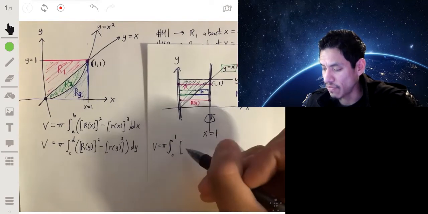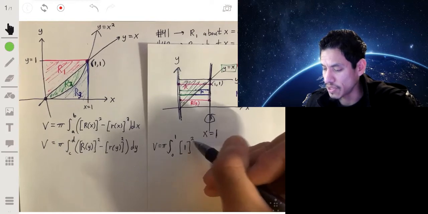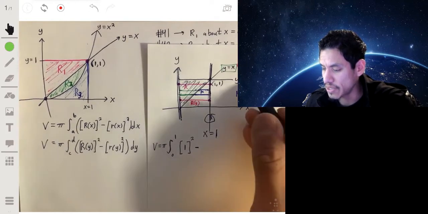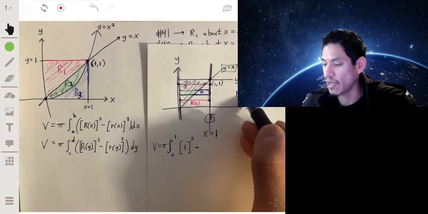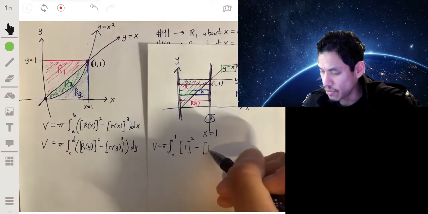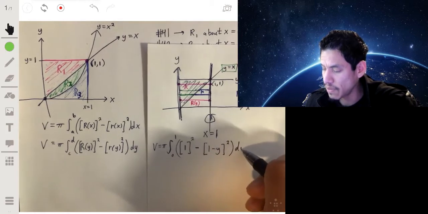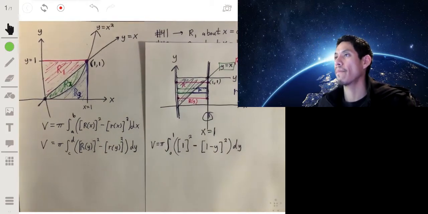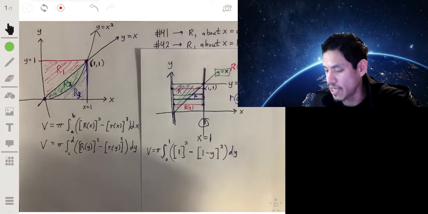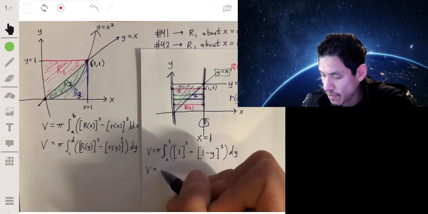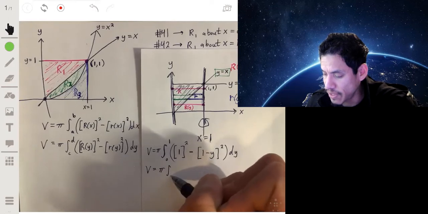So we're going to have large R of y squared, which will just be 1 squared or 1, minus small r of y squared, so 1 minus y, squared. Let's expand that and simplify it.